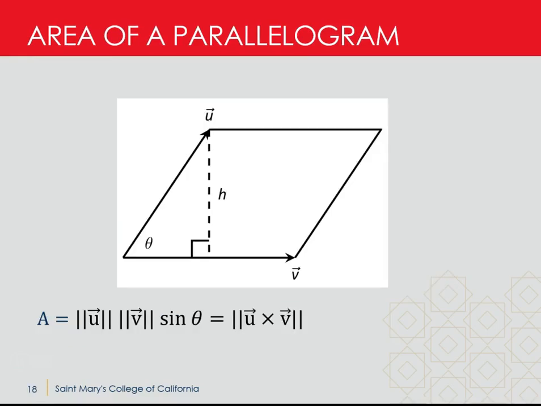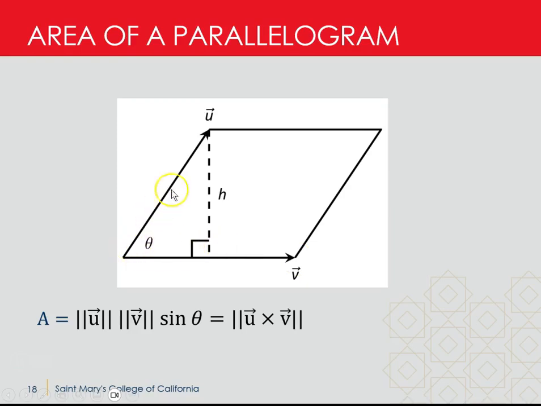So now let's define our parallelogram in a plane, and it's formed by these 2 vectors, the vector u and the vector v, and we've put their initial points together. So let's think about that. The area of that parallelogram would be given by the magnitude of v, the length of v.